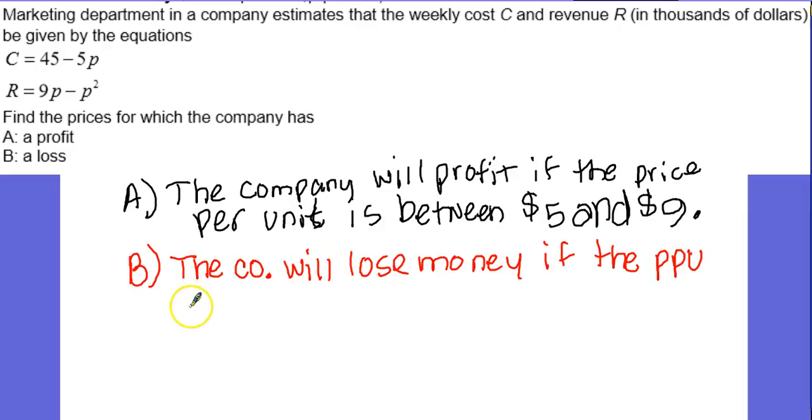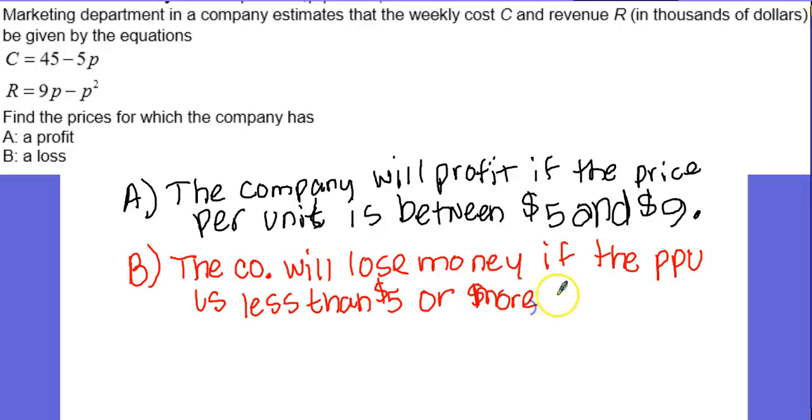PPU is actually an acronym for price per unit. Is less than 5, or, union, there's a word or, more than $9. So we used our breakpoint and our sign chart to help us develop that solution.